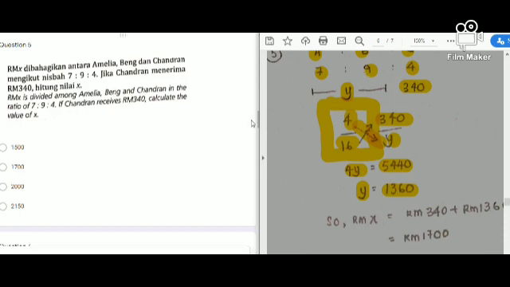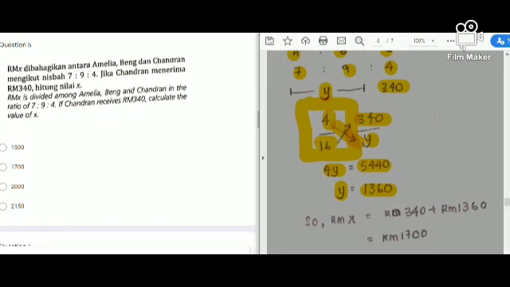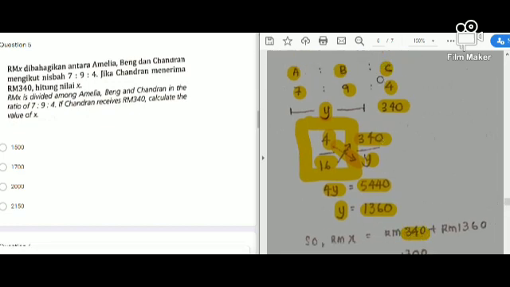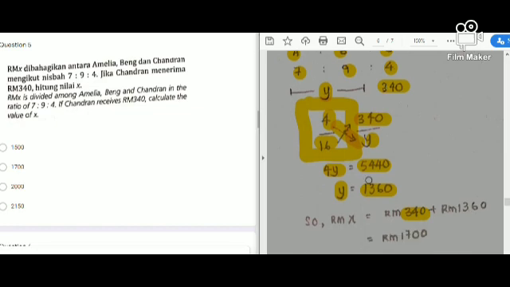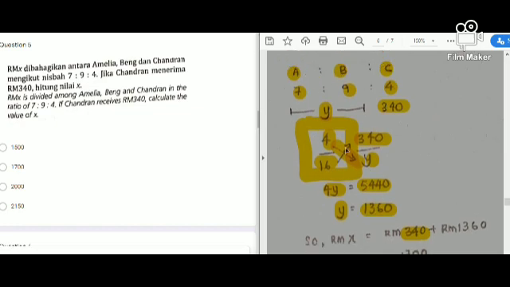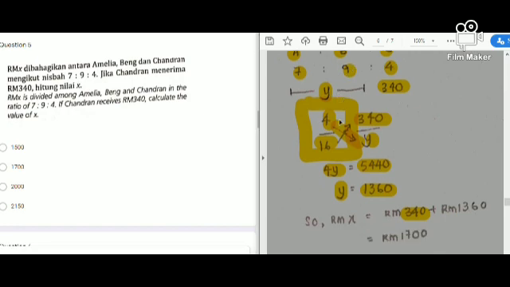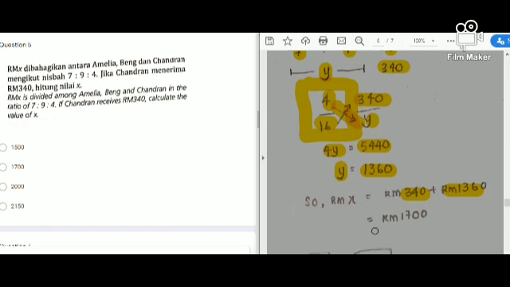But the question wants the value of X, the total amount of the money. So you need to add 340 for Chandran together with Amelia and Bang, which you already found just now, 1,360. So the total of this, you will get 1,700. So that is the amount of X.